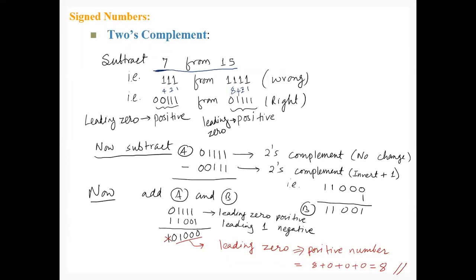But I said it wrong here. Looks like this is good, but why did I say wrong? Because you have to represent 0 and 1 also, sorry, plus and minus. Eventually, when you subtract, subtracting 7 from 15 is the same as adding negative 7 to 15, right?